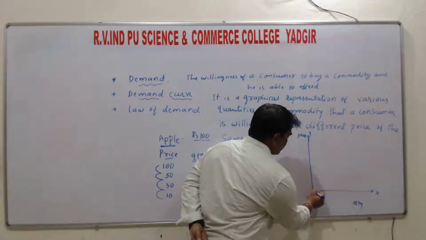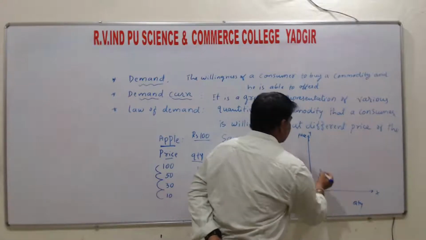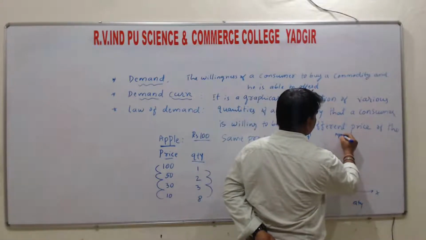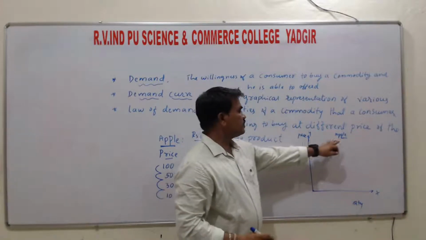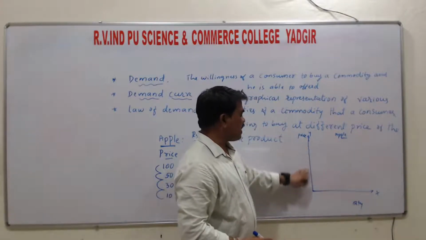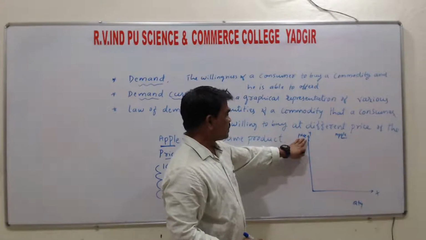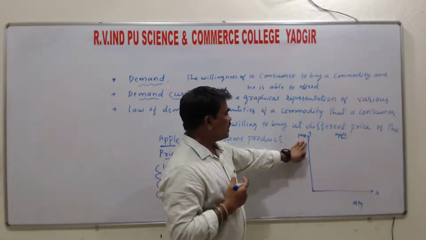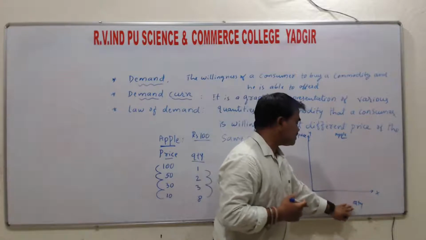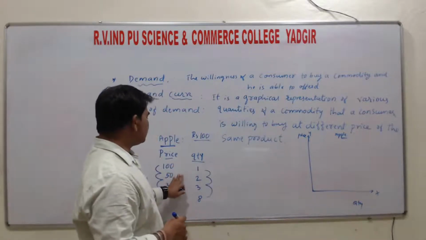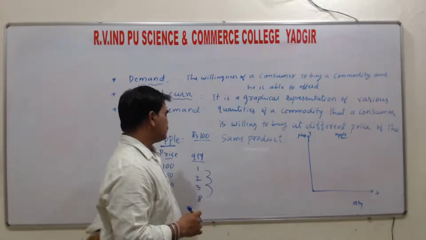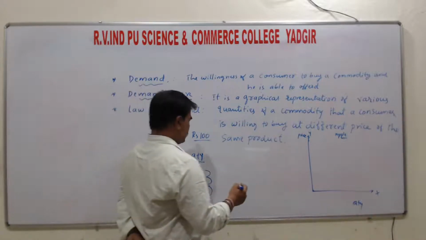Okay, and the commodity here is apple. The commodity is apple, and in the y-axis we are taking price, and in the x-axis we are taking quantity. Okay, now we will put these numbers in the graphical way.